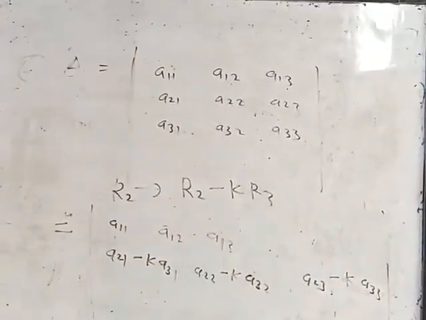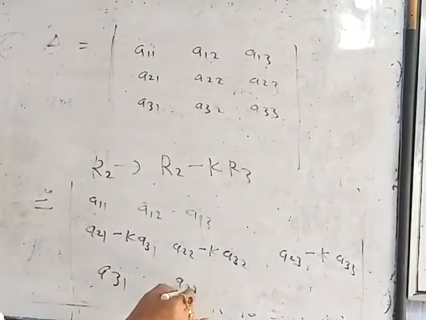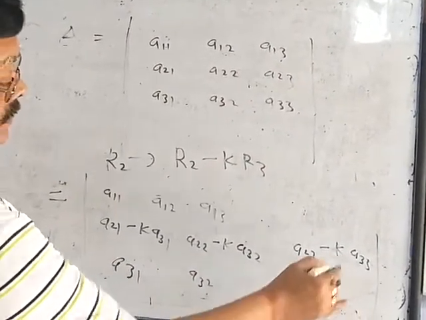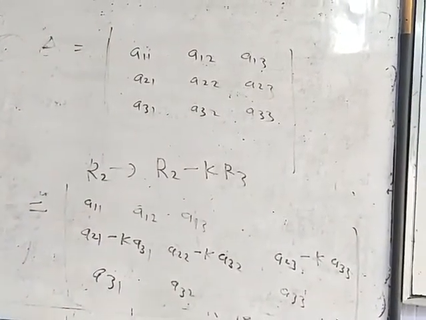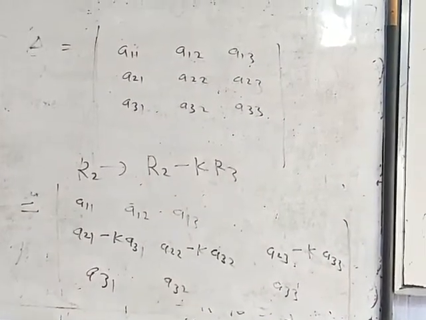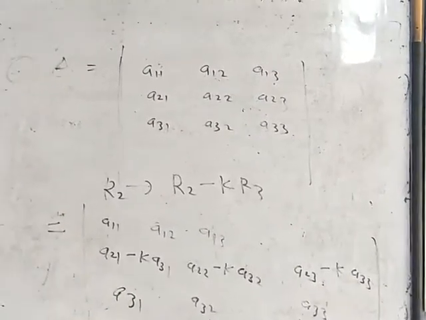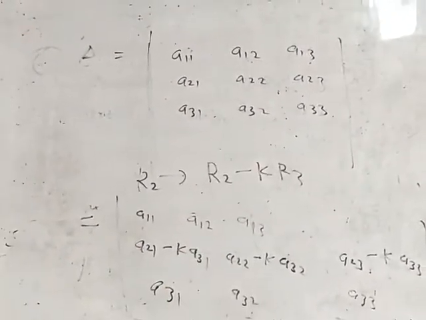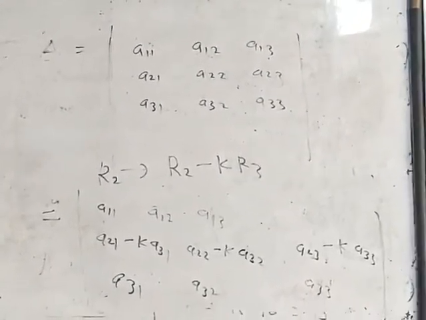We can apply this property to make something common in any row or to make elements of any row or column zero. This property is very useful for simplification of determinants. So it is a very useful property.